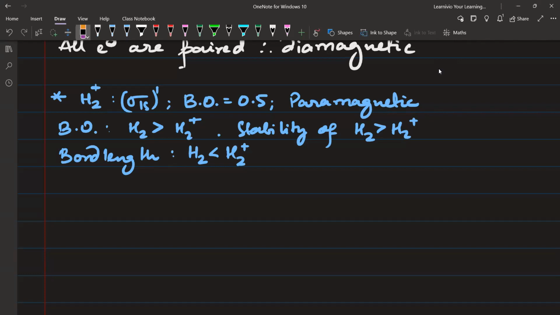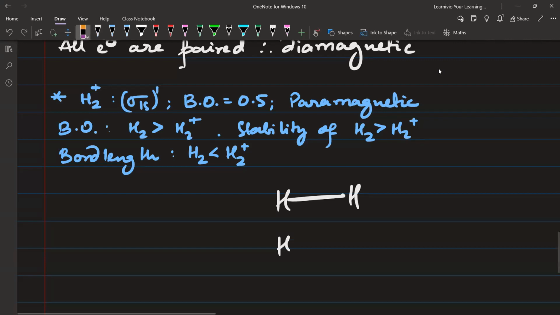The one bond. 0.5 is stronger than 1. If there is an atom here with one complete bond, and there is an atom here with half, that is, the bond order has one electron, it can be easily broken.